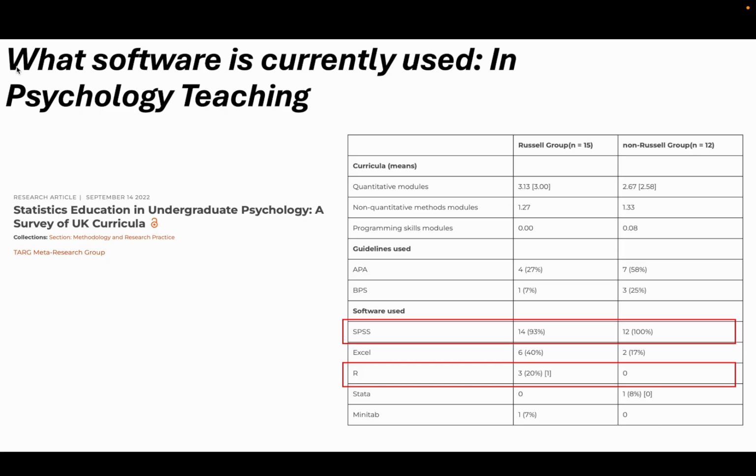The difference between these two, if you're not aware, is the Russell Group universities are the research-intensive universities in the UK. Both of them are still dominated by SPSS teaching. I imagine if we replicated this again in 2025, there would be a couple more, well, I know of a couple more Russell Group universities using R for their primary statistics teaching, but dominant is still definitely SPSS.